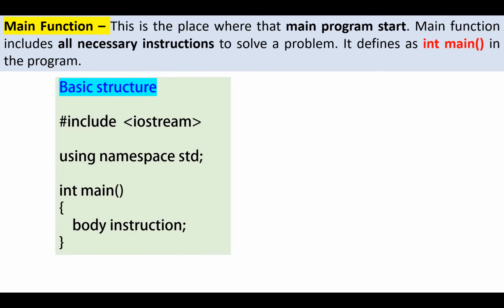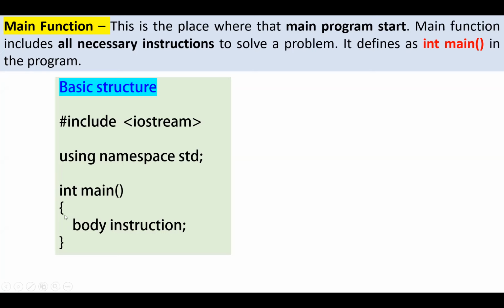Then the second section, you assign using namespace std, as I mentioned earlier. Once you assign the second section, then move to the third. The third section is the main program. Main program starts with int main.